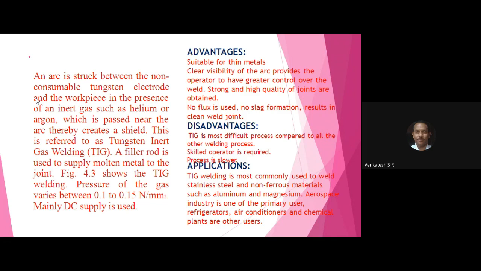But in tungsten inert gas welding, a non-consumable tungsten electrode is used. Underline the complete sentence: non-consumable tungsten electrode is used.